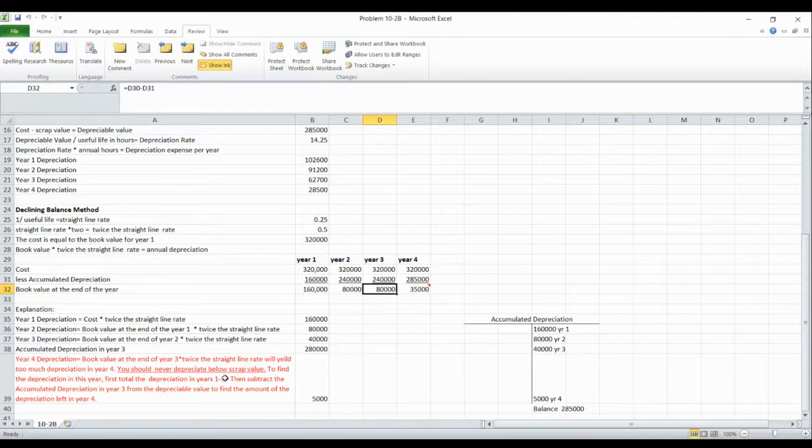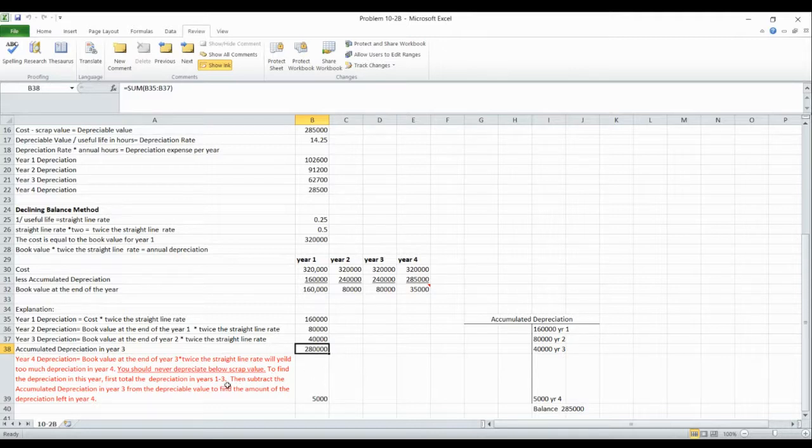One way to find the amount of the depreciation in the fourth year is to take the total depreciation for years 1, 2, and 3 and combine them together. The amount of the total depreciation for years 1, 2, and 3 is 280,000.